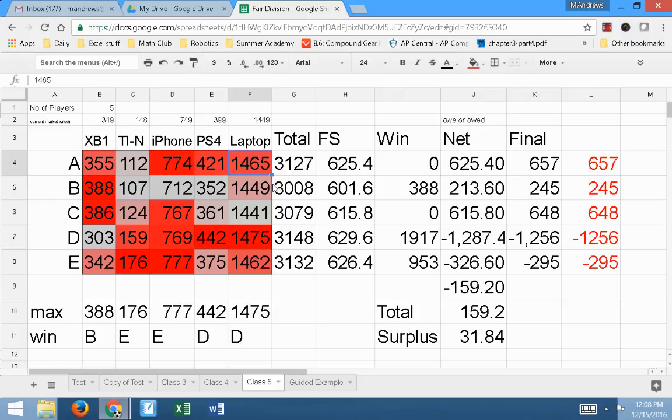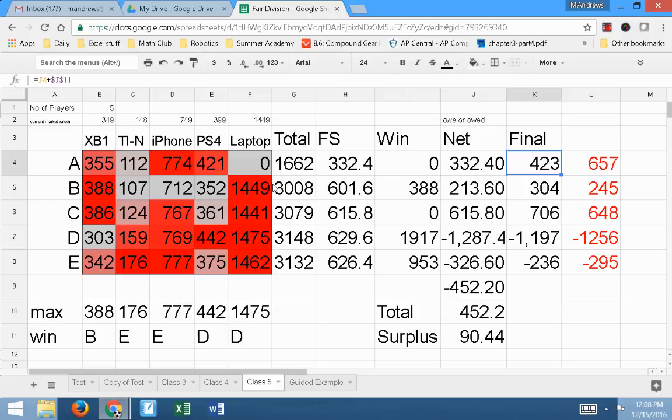So if I bid 0, look at what's going to happen. I still didn't win anything. And now, because I was just saying, you know what, I don't want it, get rid of it, I don't care. I still didn't win anything, but my monetary winnings have gone from $657 down to $423.